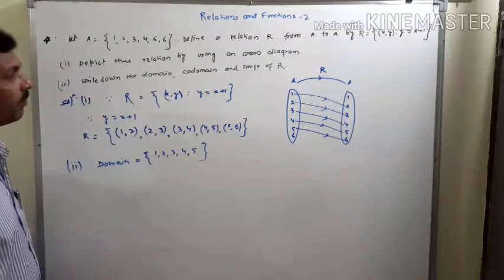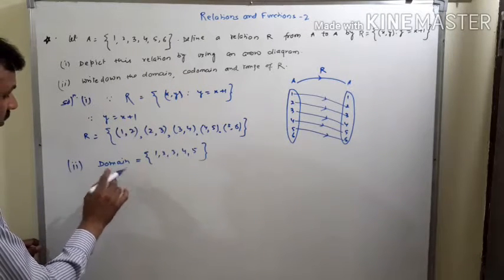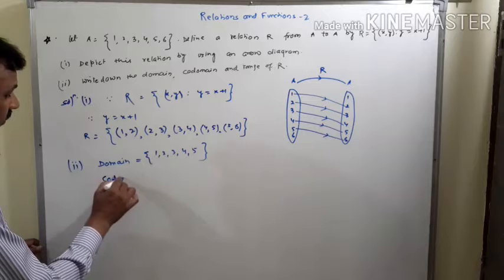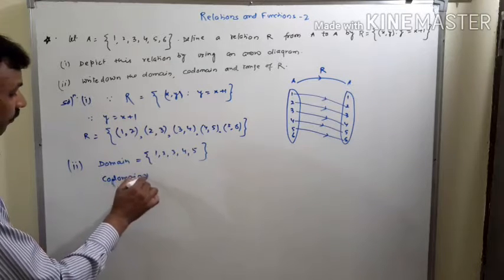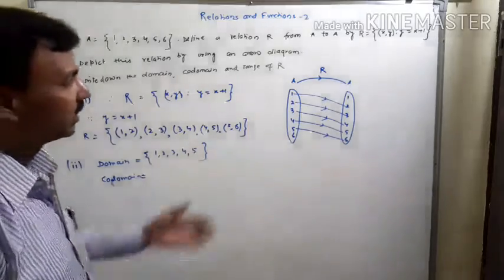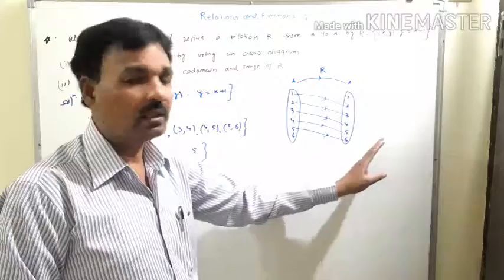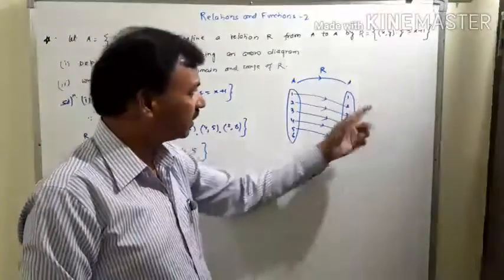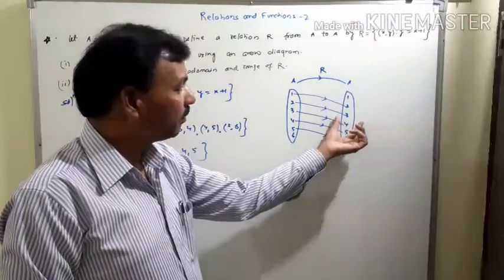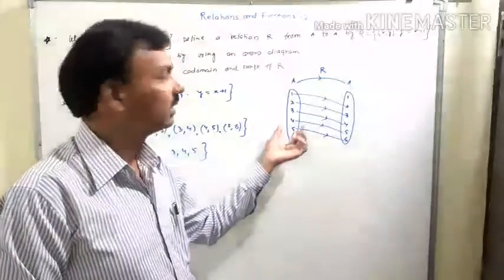This is the domain. Second thing, codomain. Codomain is equal to all those elements of set B. Set B here is the same set A. All elements of this set have a pre-image in the first set.